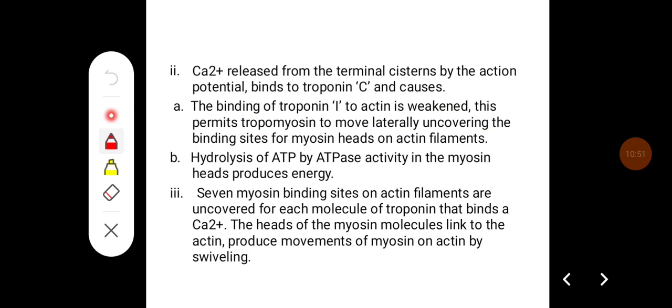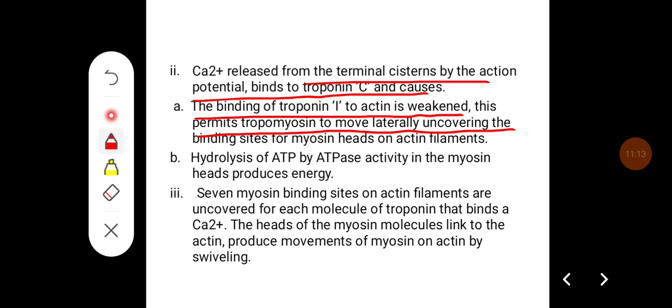When calcium is released from the terminal system by the action potential, the calcium binds to troponin C and it causes the binding of troponin I to actin to be weakened. This permits tropomyosin to move laterally, uncovering the binding sites for myosin heads on the actin filaments.